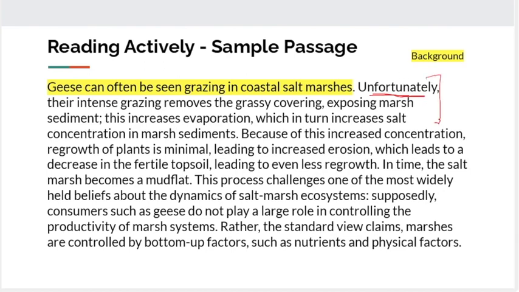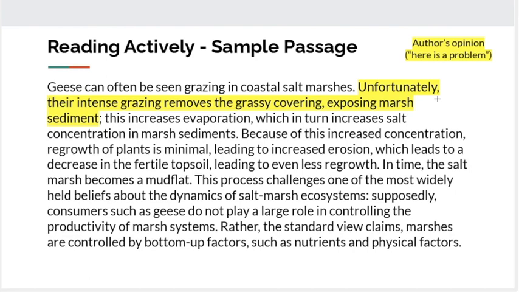So what we see here basically is a statement of a problem. The author is saying, here is a problem that has to do with geese's behavior and maybe its effects on the environment, the ecosystem. And then we have a supporting point that's indicating some cause and effect relationship here. Their intense grazing exposes marsh sediment, and then that in turn increases evaporation, and that in turn increases salt concentration in marsh sediments.